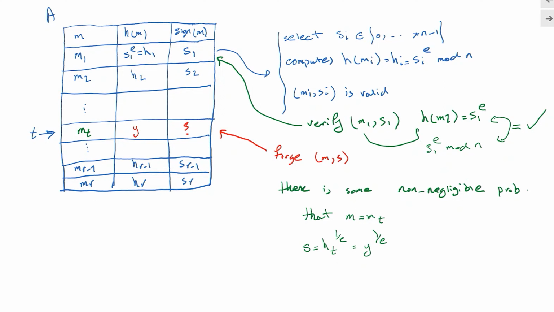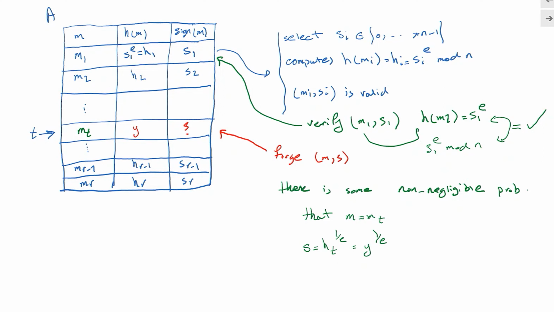But with very good probability, I would say the forger would provide a forgery for this index over here. And we can check whether that M_T is equal to this M, right? If that is the case, then we are sure that he provided a forgery for this row.